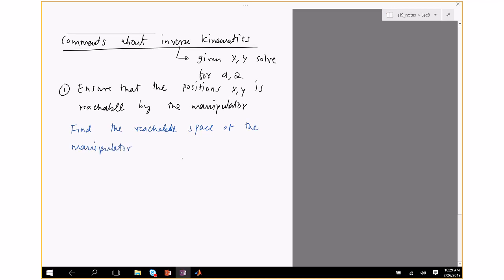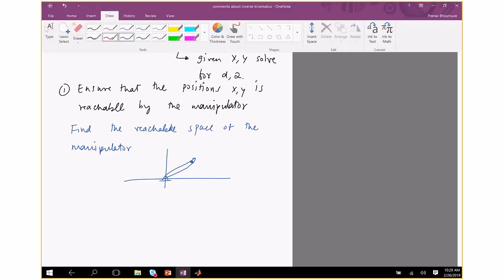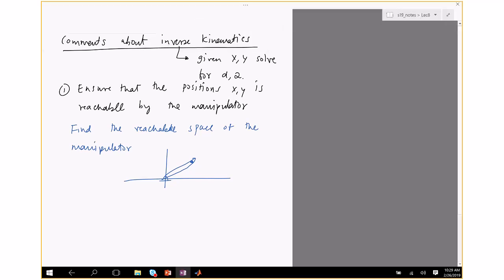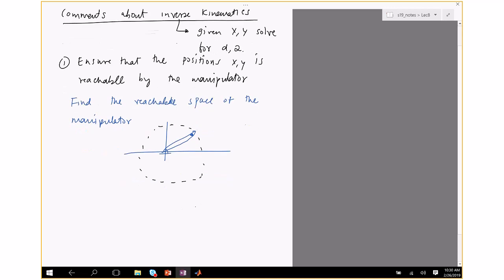If I give you a one link manipulator, you can only do a limited thing, you can only draw a circle, right? Because you can only sweep a circle, you cannot draw anything inside the circle. If you give two links, then you can do more.